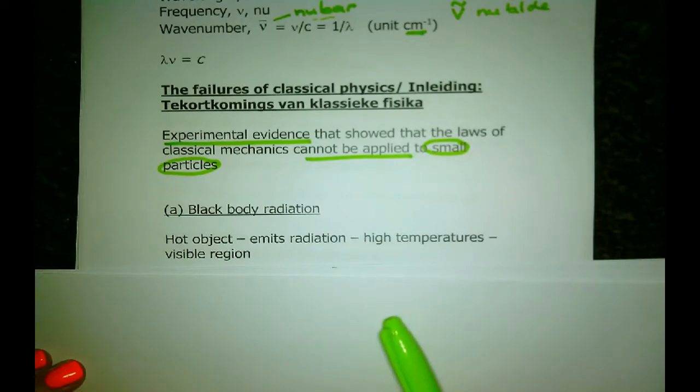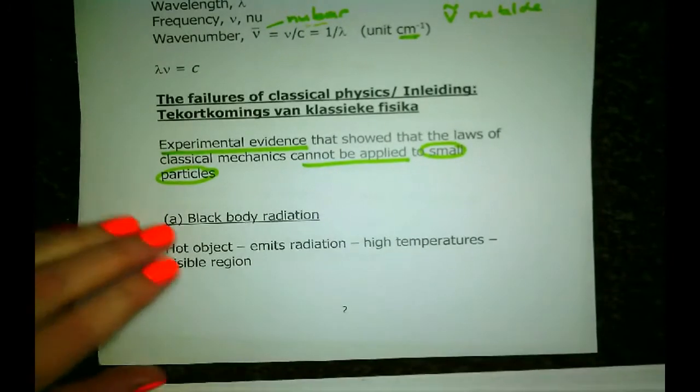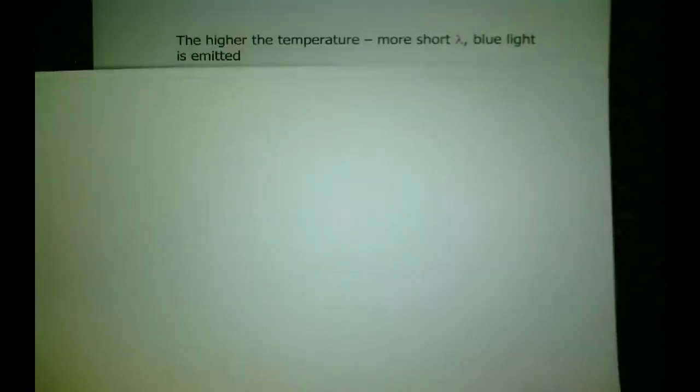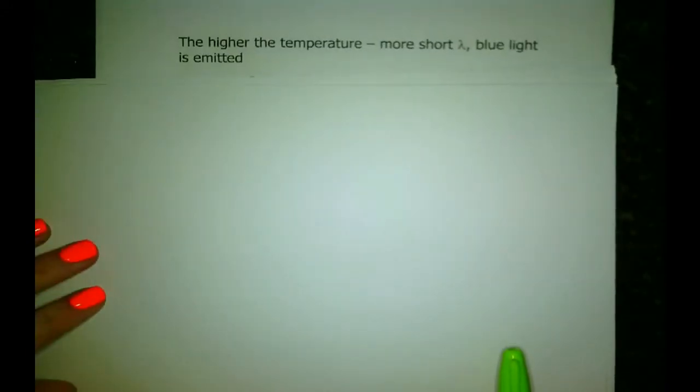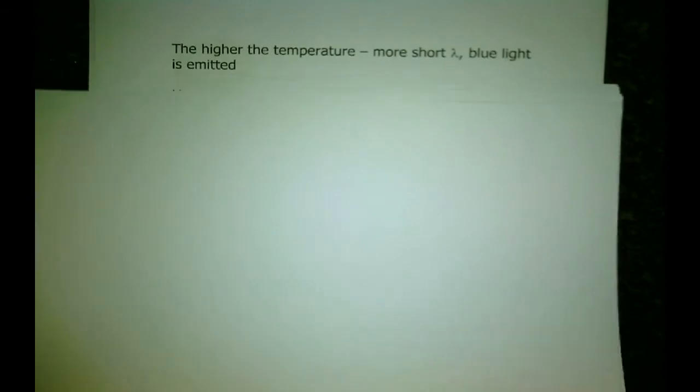When you start heating it, it starts to glow, firstly red, and then if you make it warm enough, it starts to glow white hot. So that is the radiation that we talk about, the radiation that is emitted. And the higher the temperature, the shorter the wavelength emitted, so the more blue the light emitted. So that's why it goes from red hot to white hot.